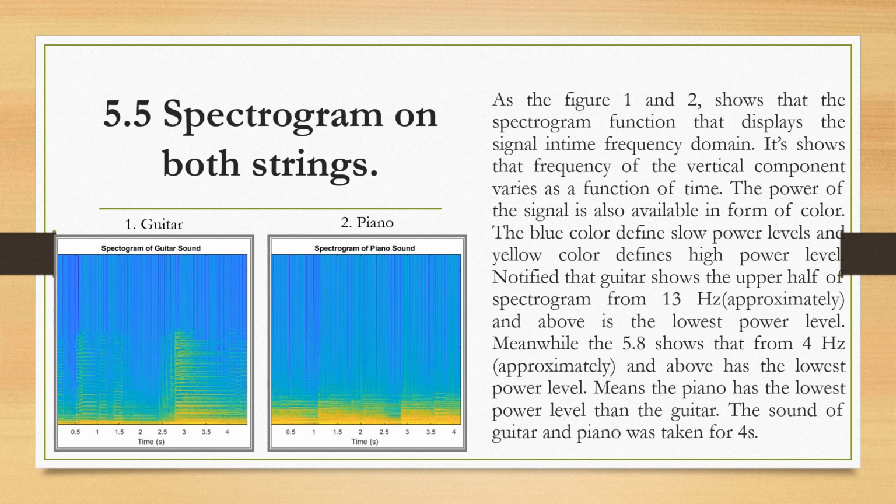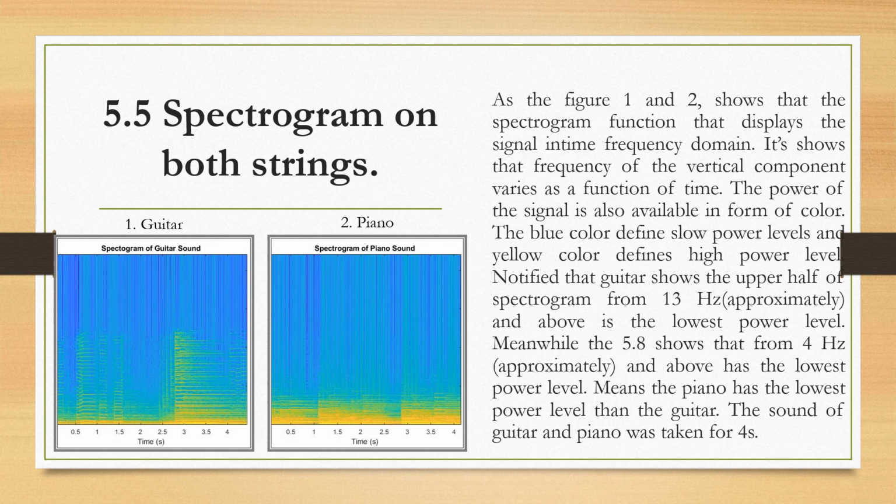Then the spectrogram on both strings. Figures 1 and 2 show the spectrogram function that displays the signal in the time-frequency domain. It shows that the frequency of the vertical component varies as a function of time, and this is the power content. Notice that the guitar shows the upper half of the spectrogram from approximately 13 Hz and above is the lowest power level.